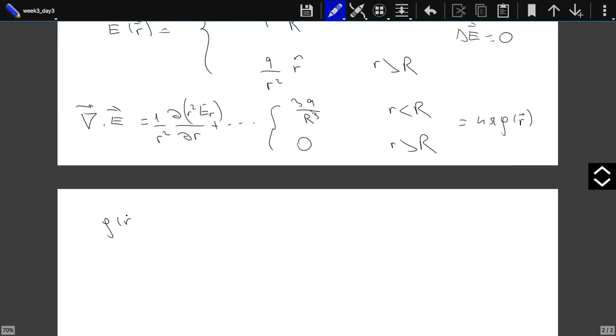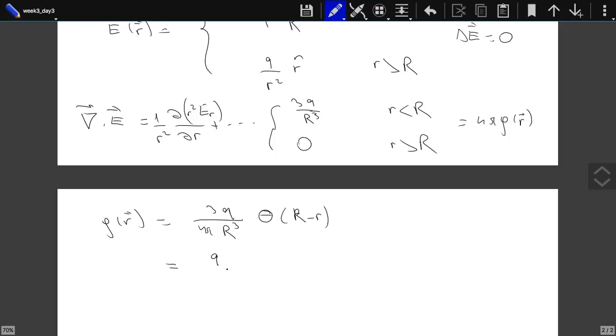So the charge density is equal to 3Q over 4 pi R cubed. I also have a step function, since this is only when small r is smaller than capital R.